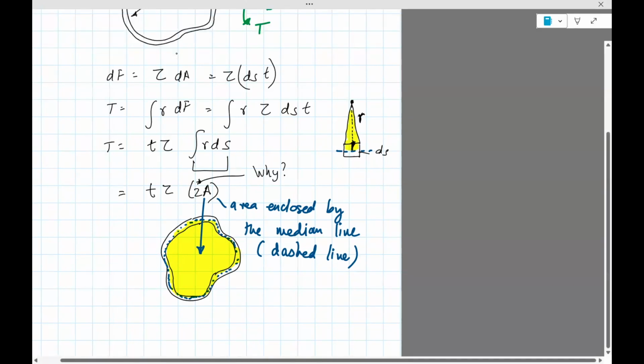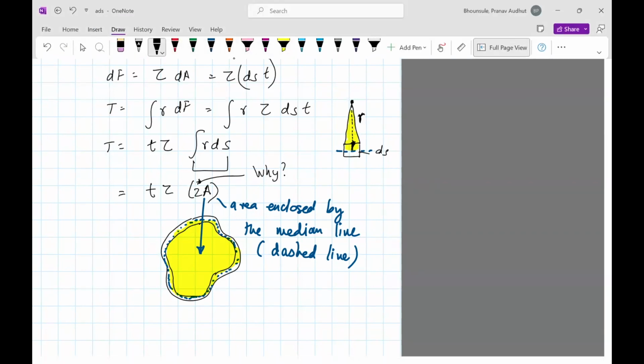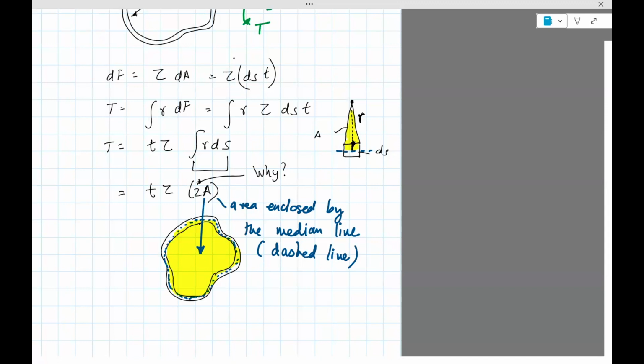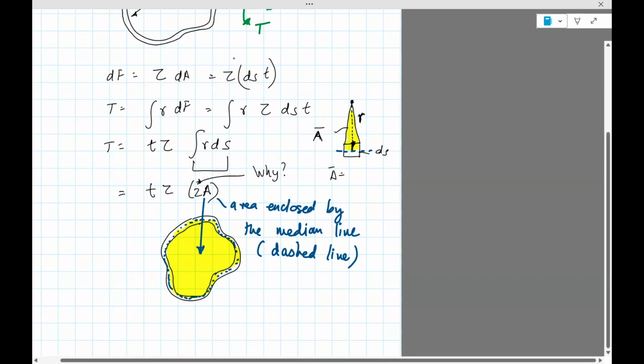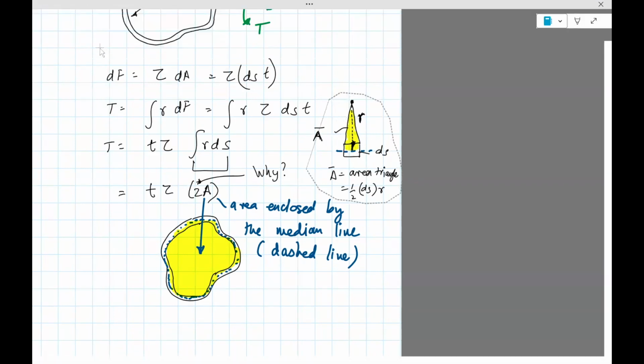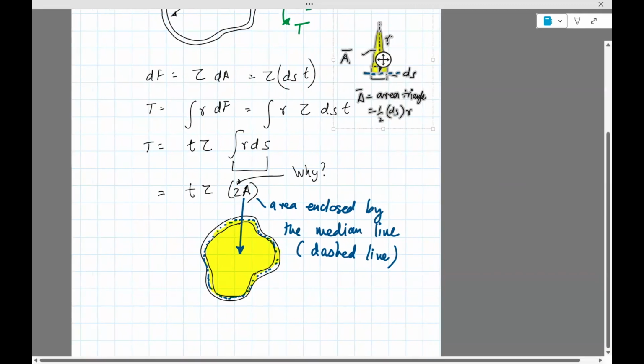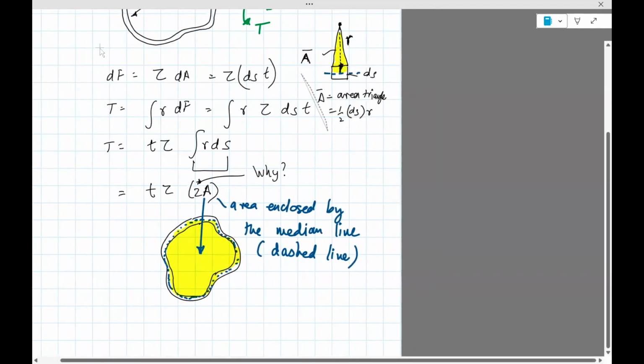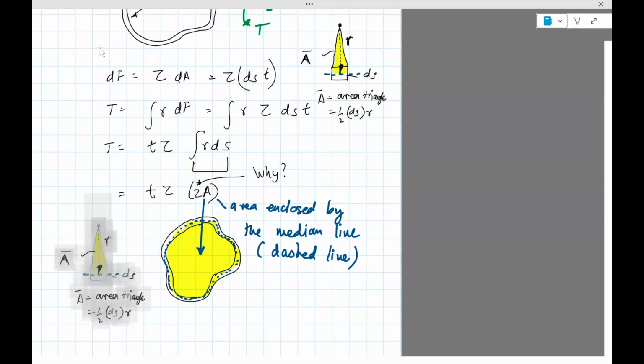This is r, this is ds. So this is like the area of a triangle. Let's call this A bar, because this is the area of not the complete one, but only of a small section. So what is this area? Area of a triangle, which is half base, which is ds, times height r.